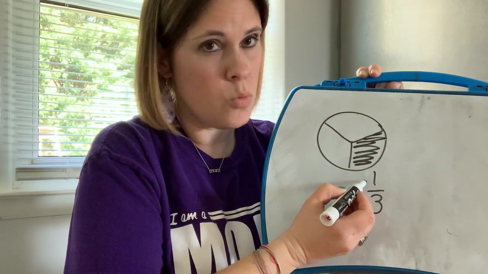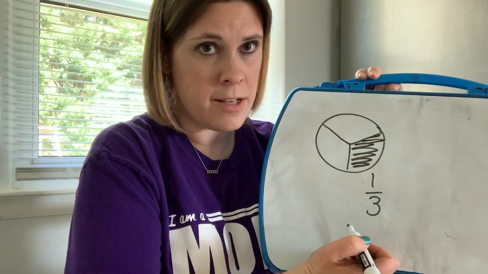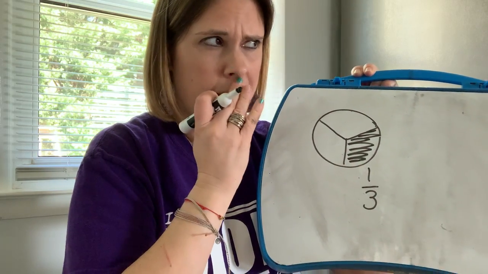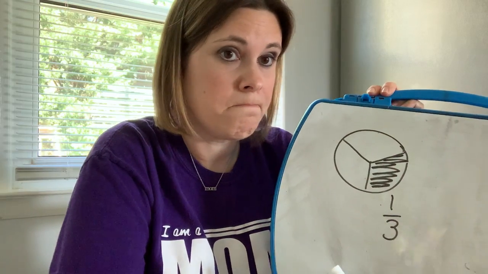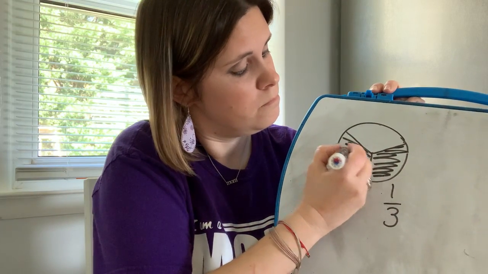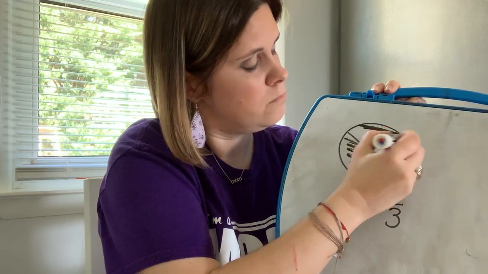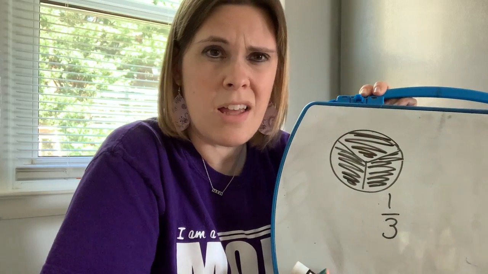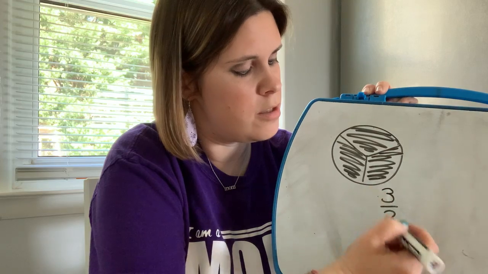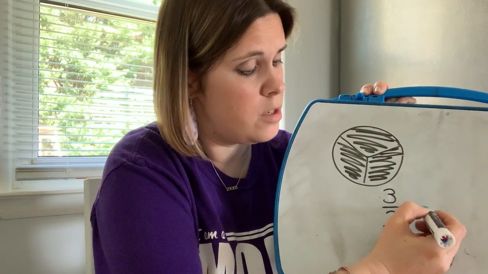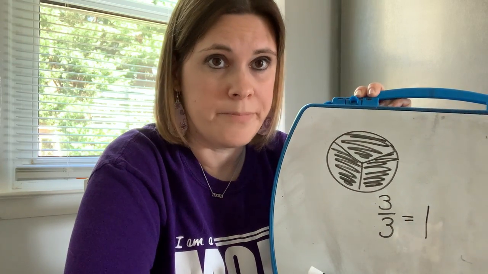That means 1 is the numerator, 3 is the denominator, okay? How many thirds would I have to eat the whole thing though? So in order for me to eat the whole thing, I would need to eat 3/3. 3/3 would be equivalent to 1 whole, okay?